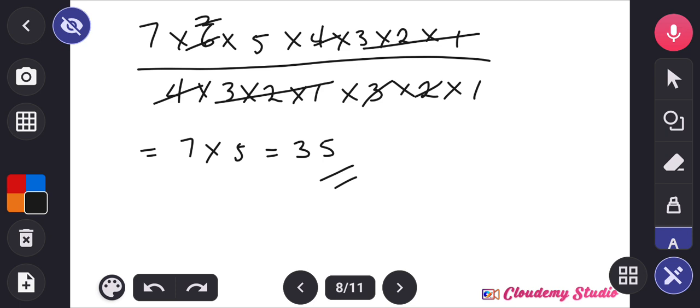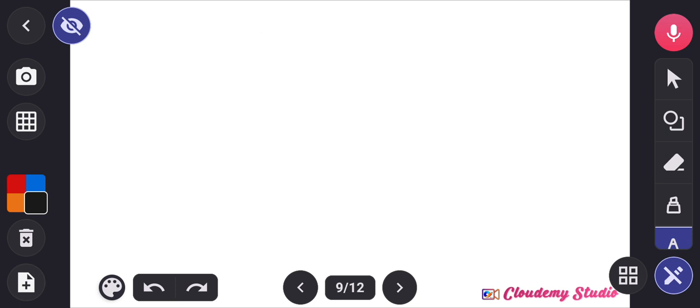Now, let us now say we are looking for a particular term. So if you are looking for a particular term under binomial expansion, it means we are looking for the r plus 1 term. So let's take for an example.